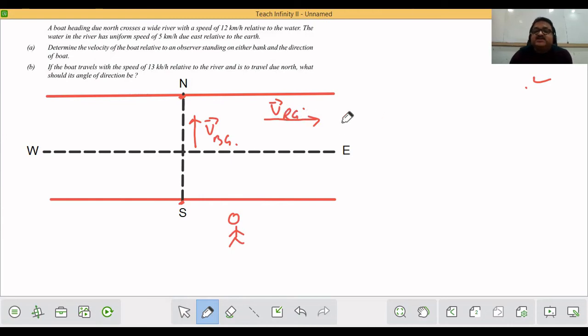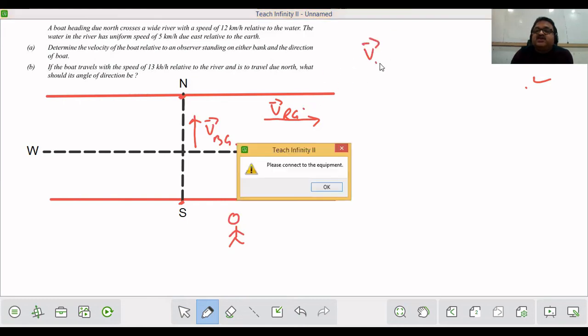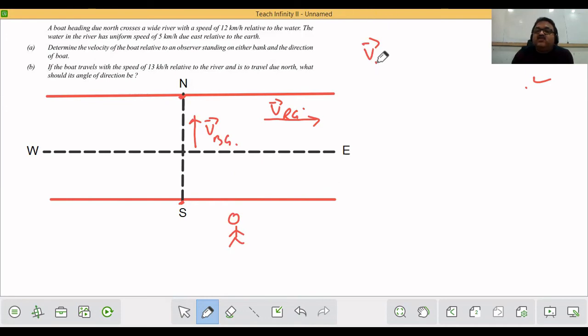So in this case, write down the information again. The velocity of the river with respect to the ground is given. It is 5 i cap km per hour.